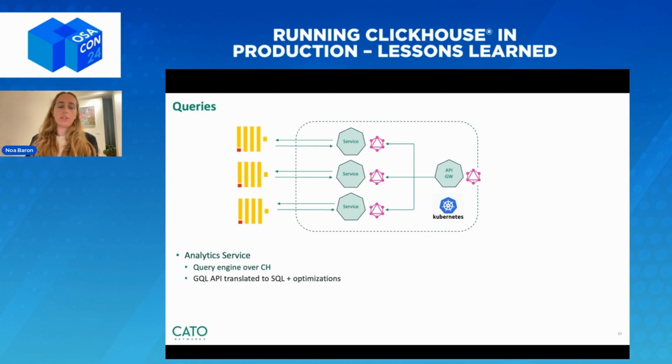And since the service is ours, we also do some optimizations on the queries themselves. I'm going to go into those optimizations in the next slide. So we transform the queries into SQL with optimizations and forward the query to a specific ClickHouse node. And we use the distributed table in order to query the entire cluster through a specific node every time.